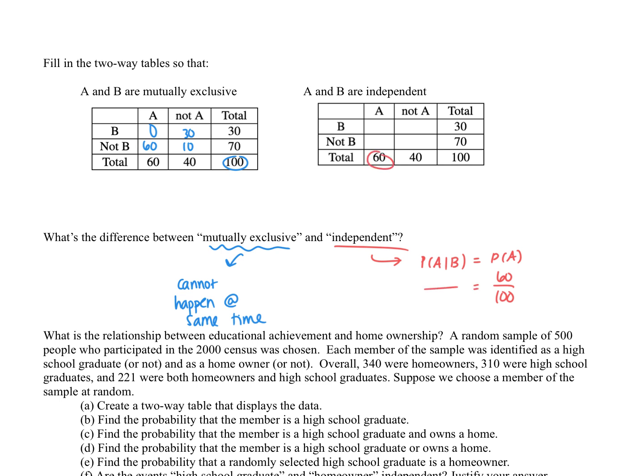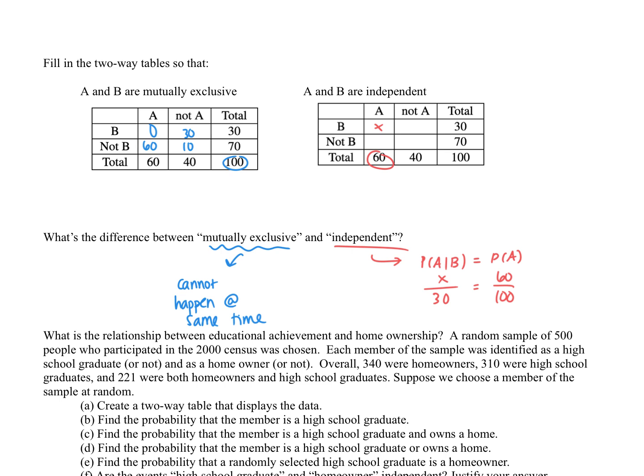Okay, on the other side, we know that B happened. B only happened 30 times. I want to know what is the probability of A. That's this number right here. So B happened. Out of the B, how often did A happen? That's this number in the table right here.